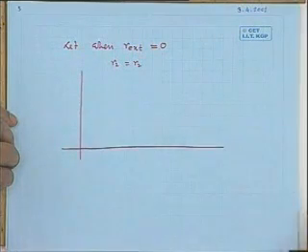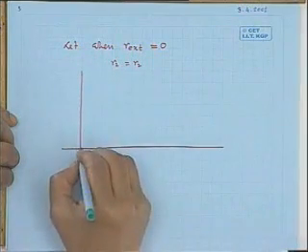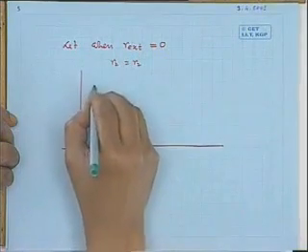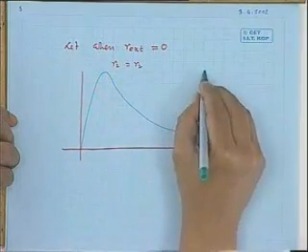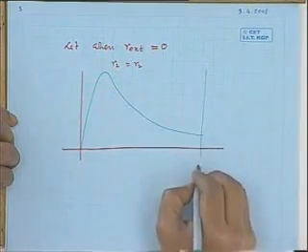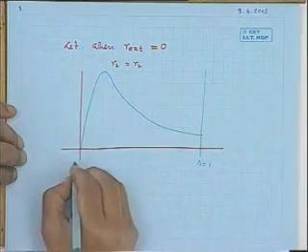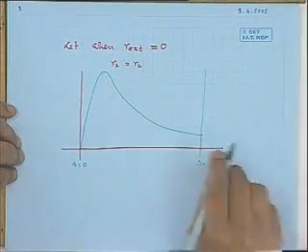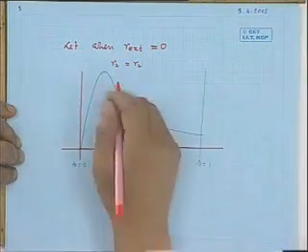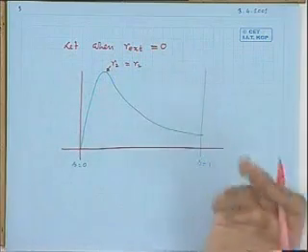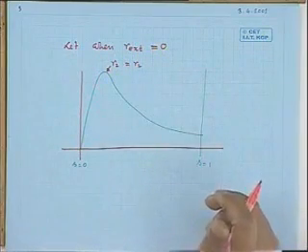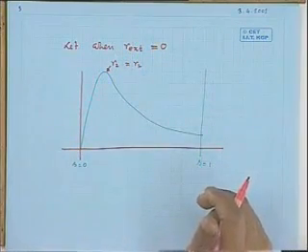Let us plot it. This is S equal to 1, this is S equal to 0, and to this curve we write total rotor resistance R2, the actual resistance.